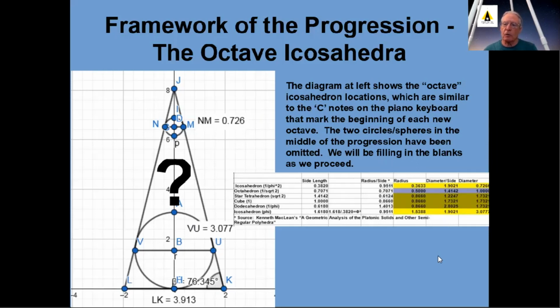Those are the beginnings of the octaves on the piano keyboard. And that's the way you can think about the icosahedra in this scaling octave that we're going to be developing. So they're going to be the anchors, and what we're going to be doing is filling in the blanks that we're going to be discovering during the rest of this video to fill this thing out and get a working model up and running.